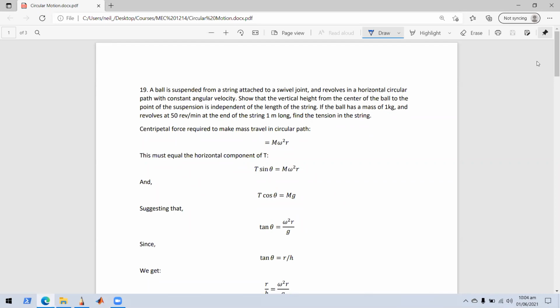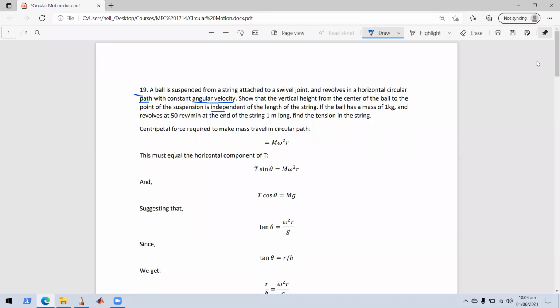Okay, so number 19. A ball is suspended from a string attached to a swivel joint and revolves in a horizontal circular path with a constant angular velocity. Show that the vertical height from the center of the ball to the point of suspension is independent of the length of the string.